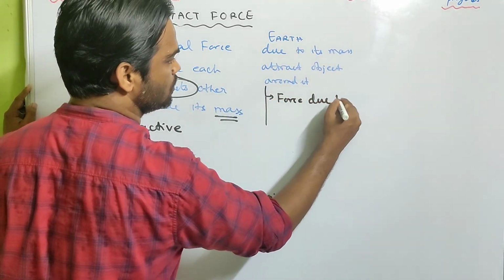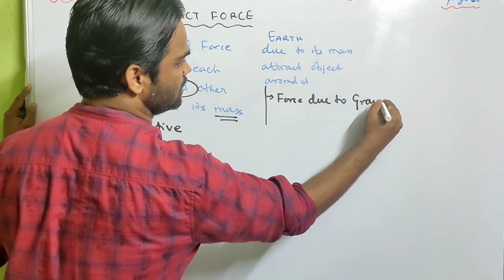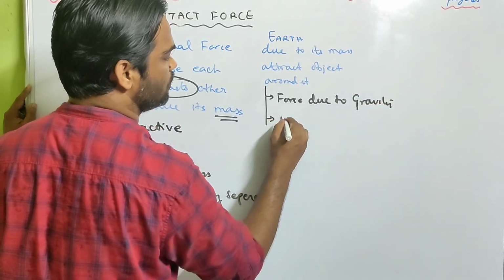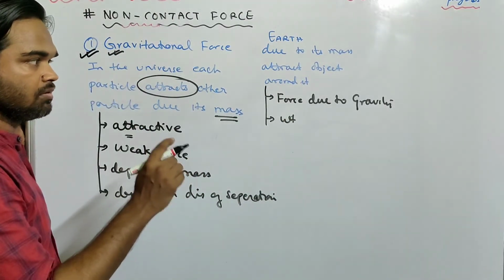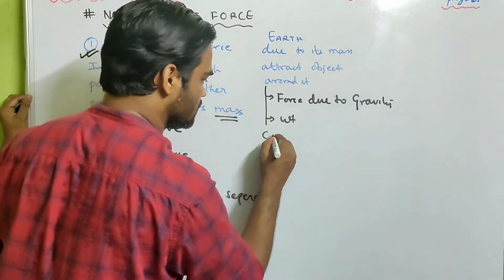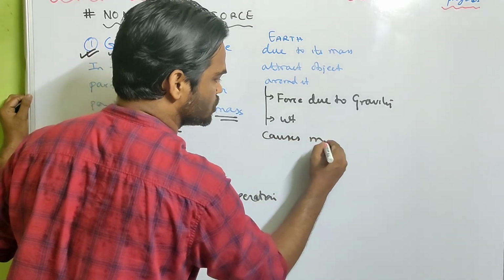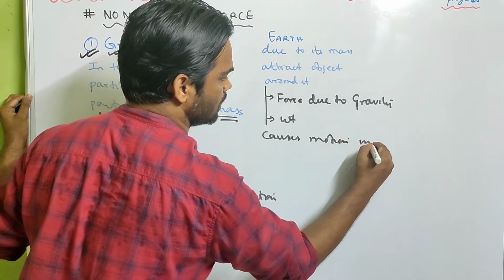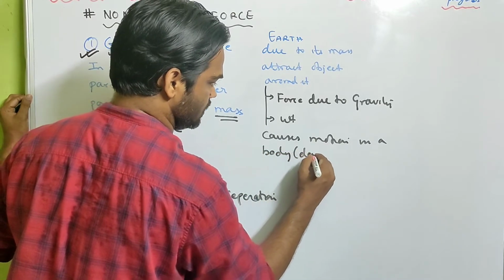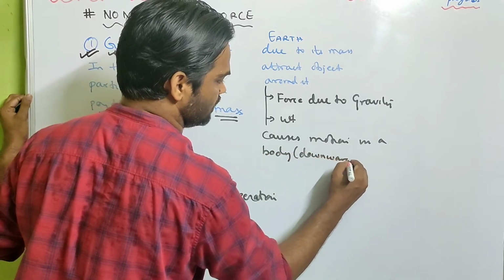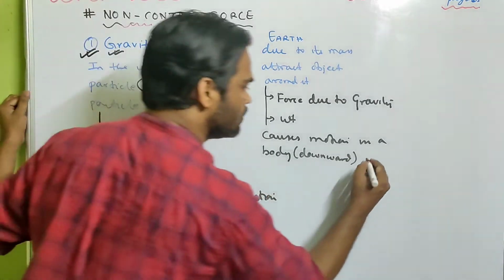Force due to gravity, which is equal to the weight of the body, isn't it? This force due to gravity causes motion in a body downward if a body is free to move.